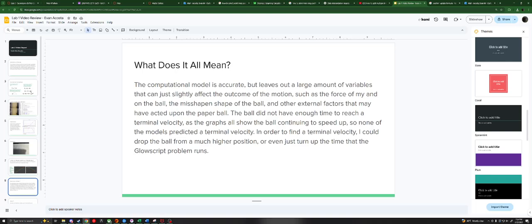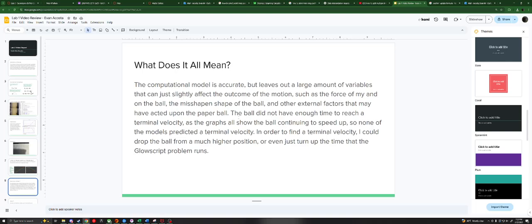So what does this all mean? The computational model is relatively accurate, but it does leave out a large amount of variables. An example of one of these is the force of my hand on the ball. As it leaves my hand, the force could be applied in different locations. My paper ball isn't exactly perfectly spherical.